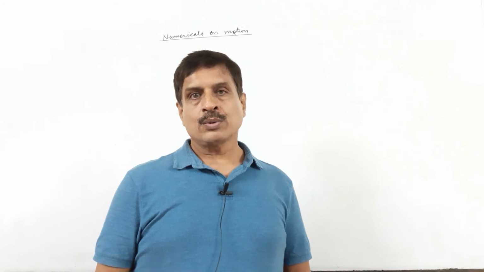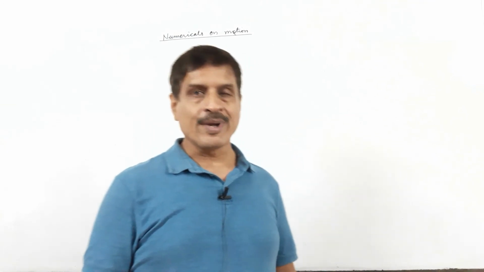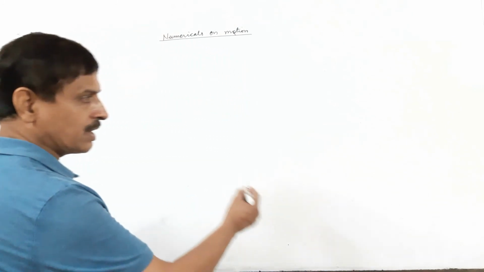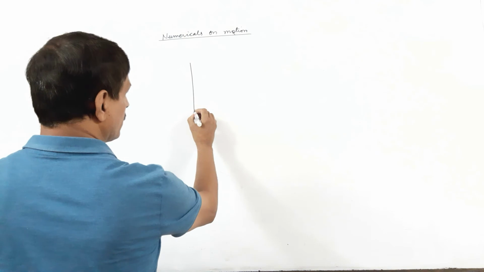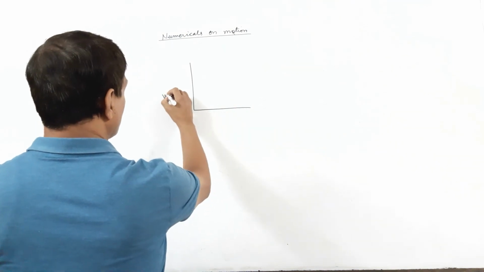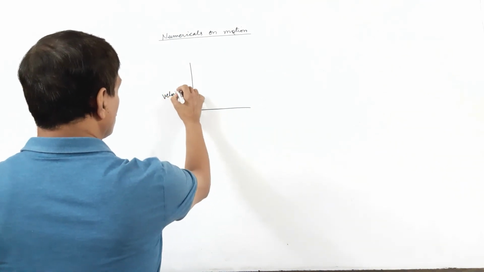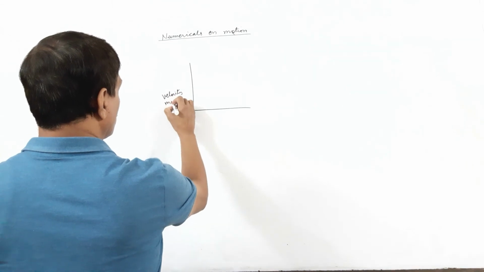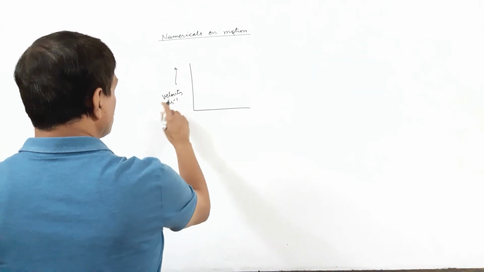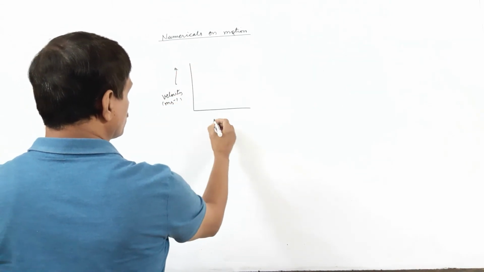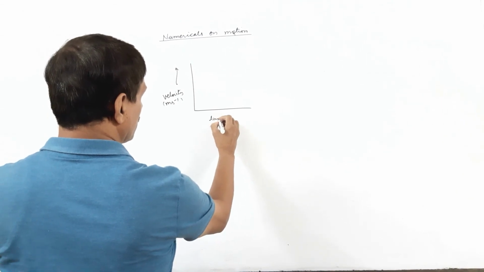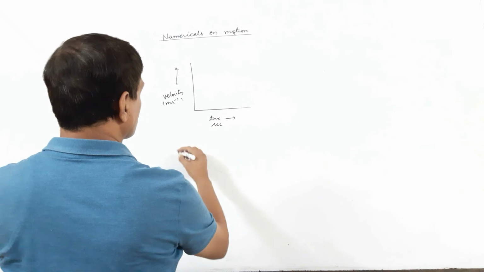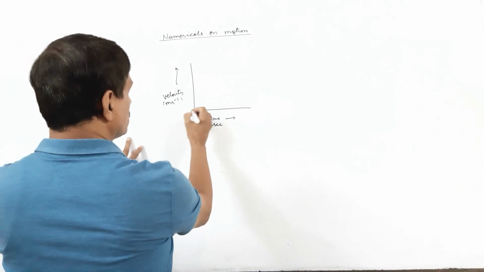In order to solve numericals graphically, we consider the velocity time graph, with velocity in meter per second and time in seconds.